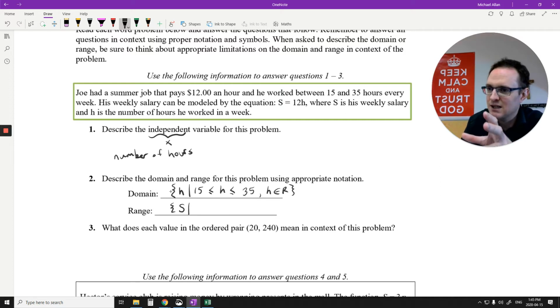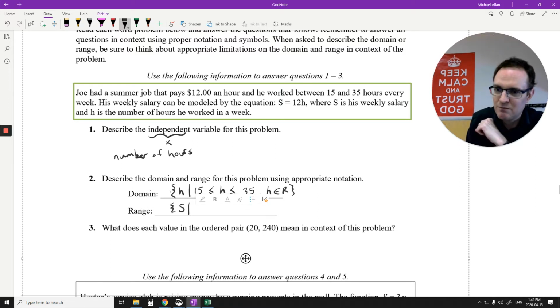Okay, my range is the salary. Now when you think about it, since the minimum is 15 hours, 12 times 15 gives 180.